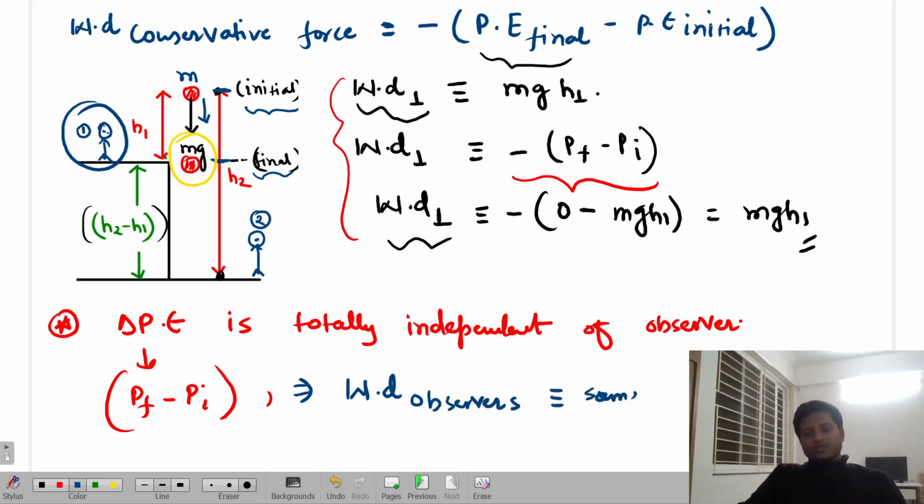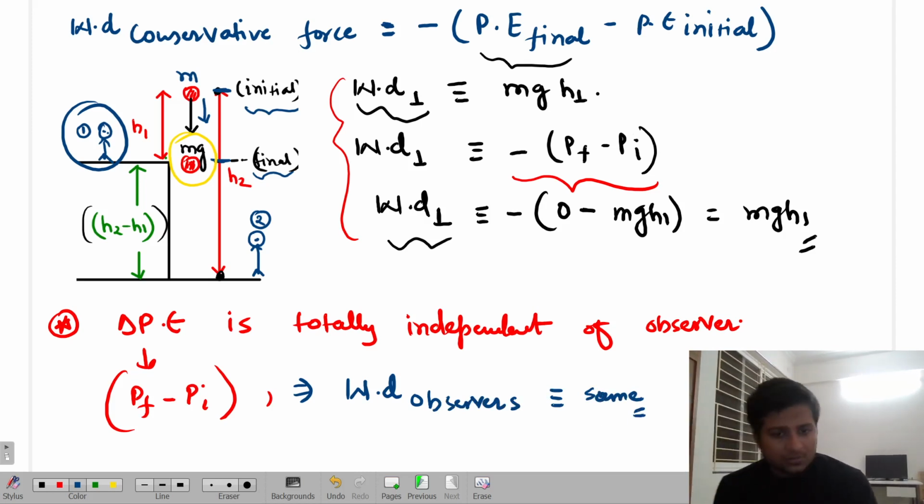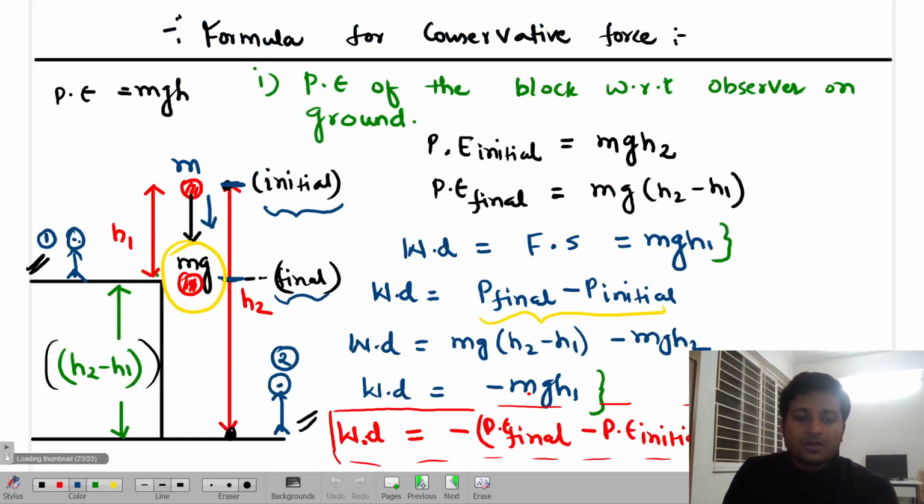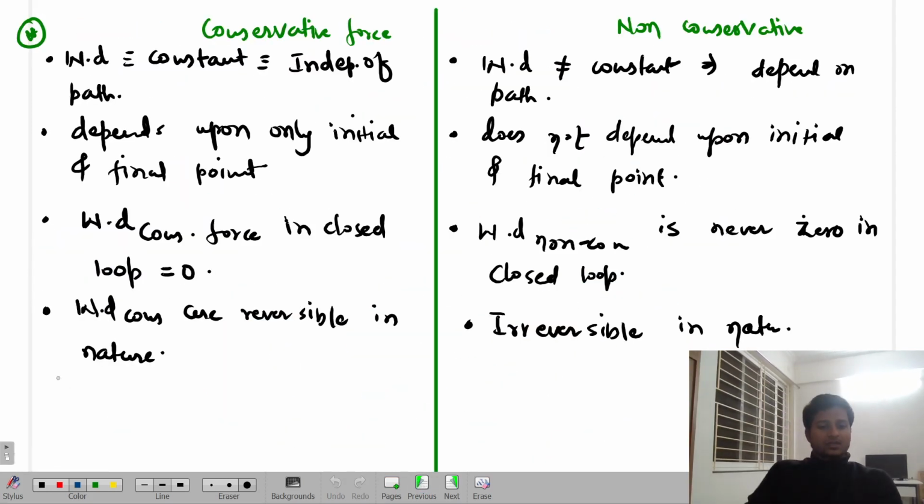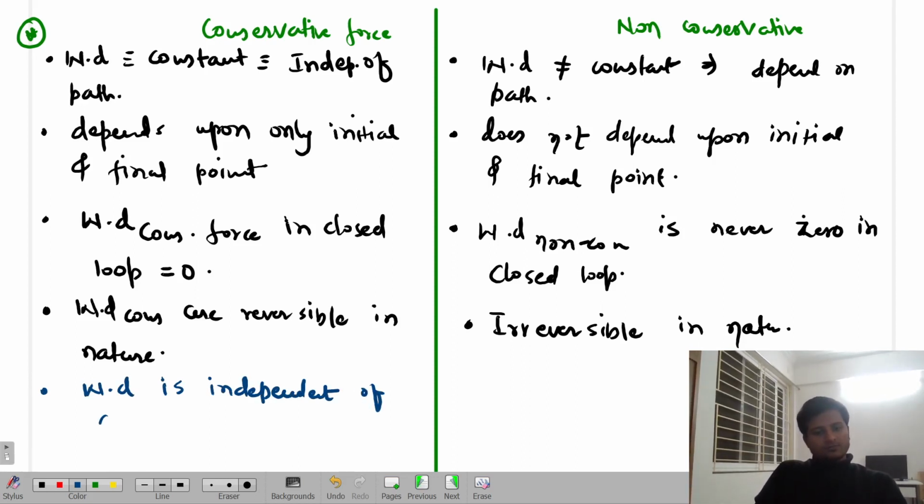So that means if I have conservative force, which kind of force? Then one more point adds over here: work done is independent of observer. And here it will be dependent on observer.